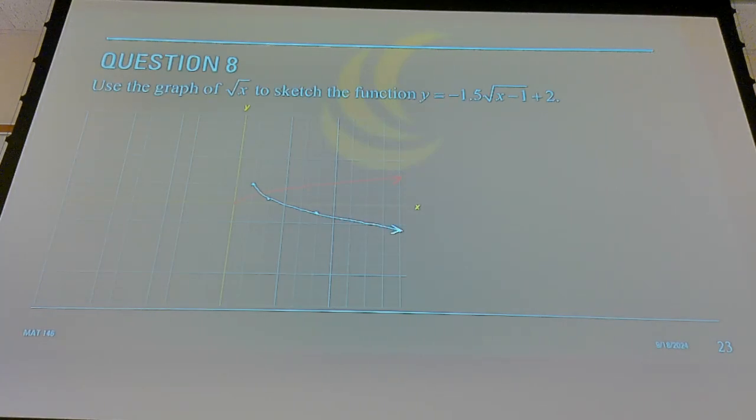Domain: bracket 1 to negative. Range: bracket 2 to negative. So you can't write it that way.